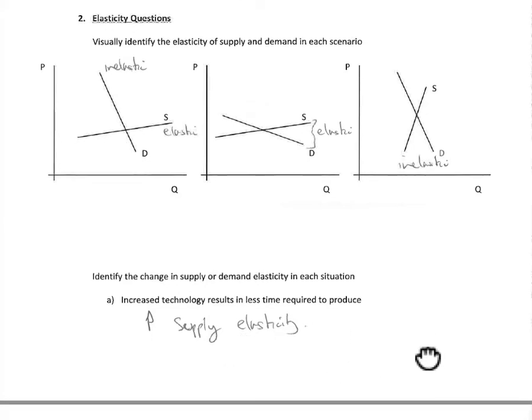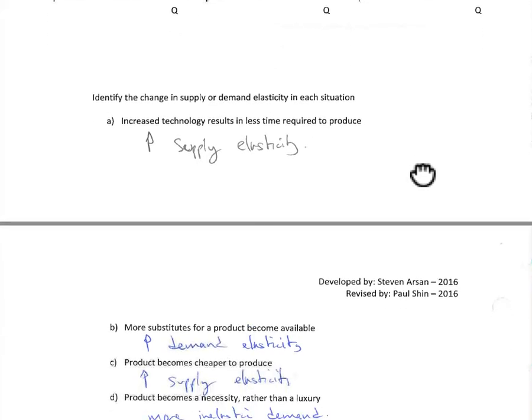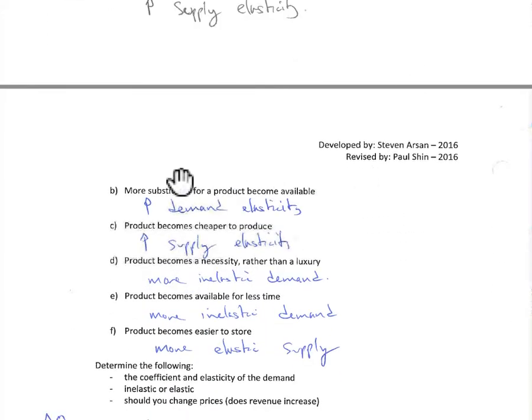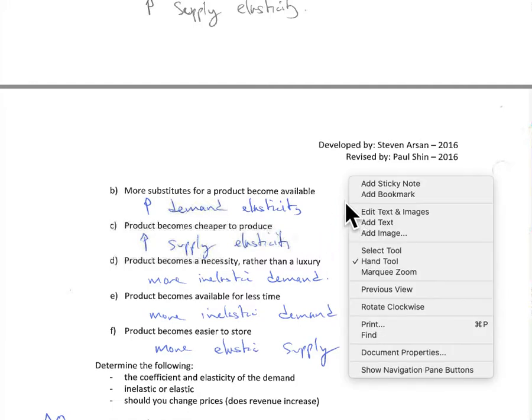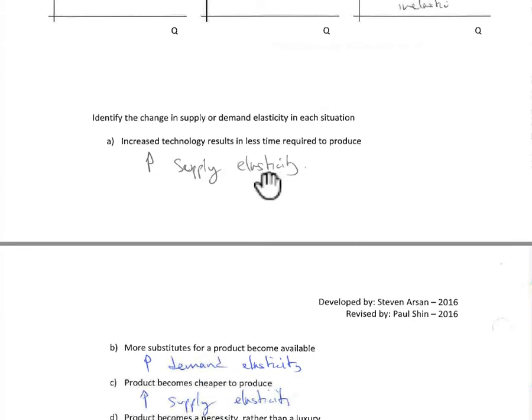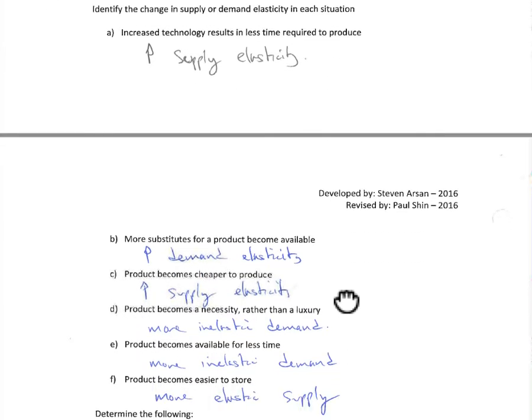I'll become more elastic, okay, as a producer. B, more substitutes for a product become available. Therefore, as a demander, my elasticity of demand increases because I have the ability to change to different products. C, product becomes cheaper to produce. Supply elasticity will increase. This is similar to the technology one because I can produce cheaper or produce faster.